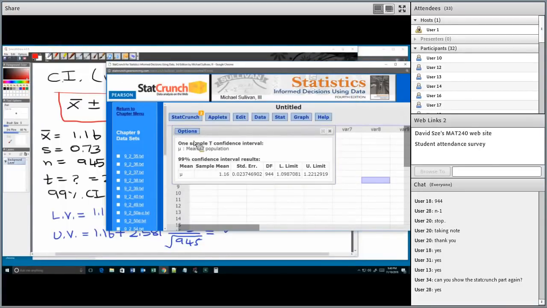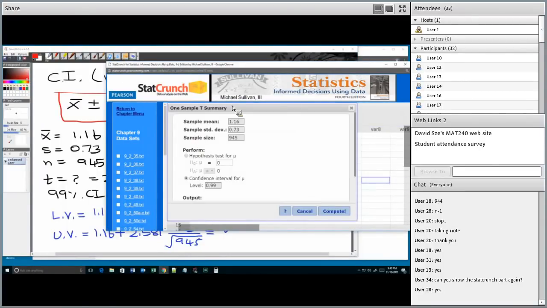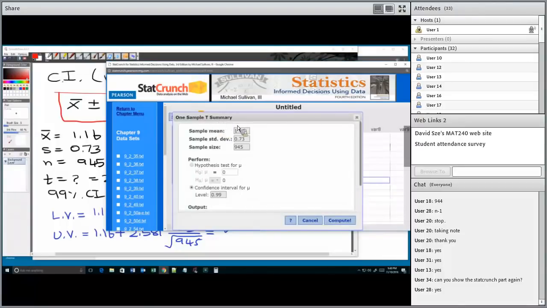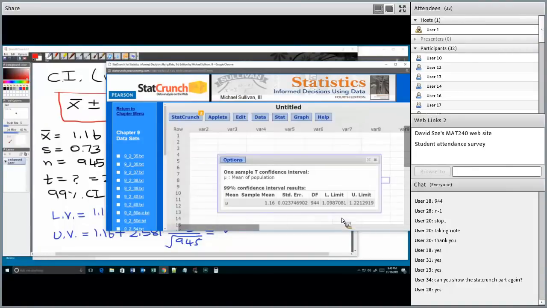So what did I do? I went to t-stats, one sample with summary, typed out all these values. Notice I didn't have to type the degrees of freedom because StatCrunch calculates it itself. And I chose confidence interval for mu, for mean, and I put 0.99, and I got my answer.